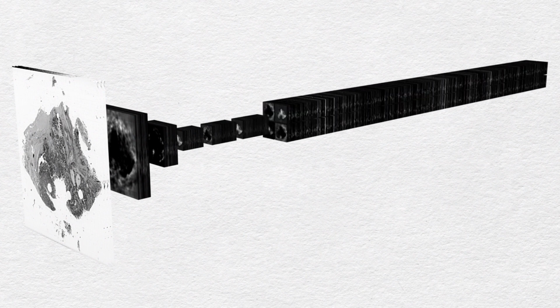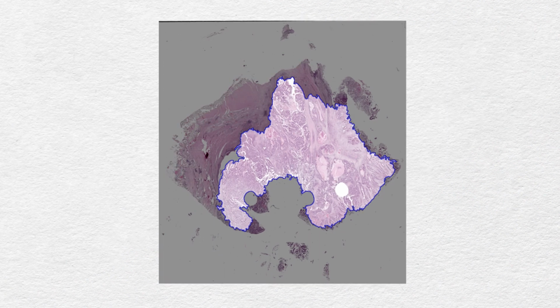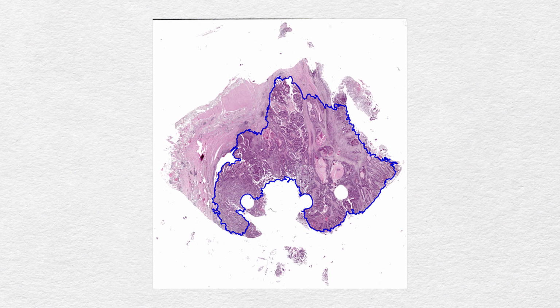This cycle of convolutions and spatial pooling is repeated. Finally, the representations are rescaled to the original size with a learned upsampling, before a pixel-wise softmax is applied. This results in a probability map, highlighting regions with tumor. The probability map is then segmented, resulting in the final mask.